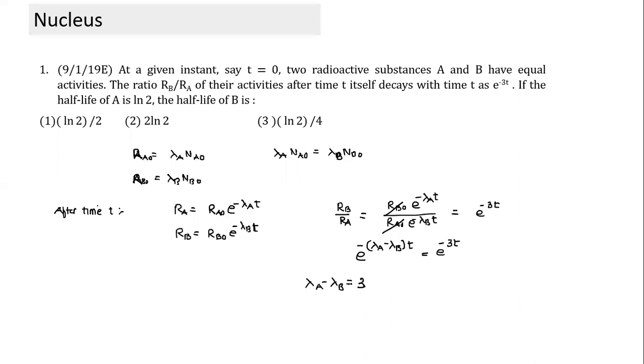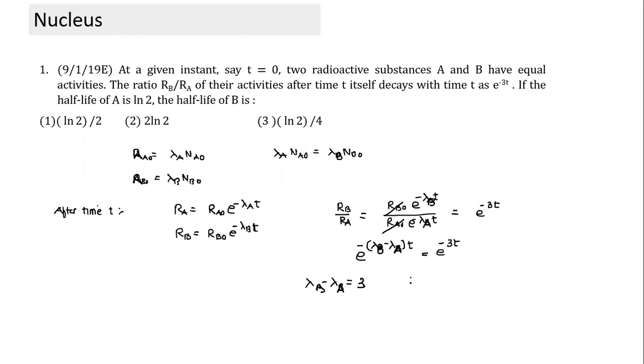We should get lambda B in the numerator. Sorry, my mistake, I wrote A only. Lambda B should come in the numerator, so it becomes lambda B minus lambda A, and that is equal to 3. Now the half-life of A is given, so I need to convert into half-life. Easily you can convert.